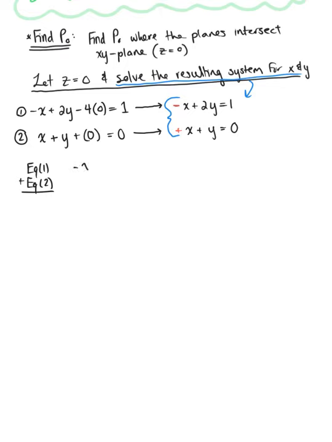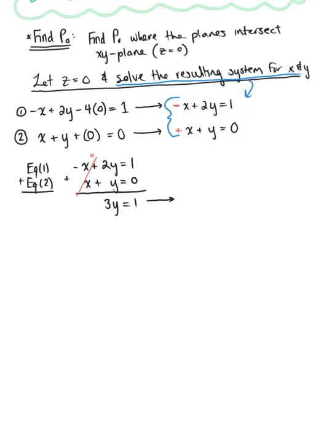So we're taking equation 1, which again is minus x plus 2y equals 1, and we're adding this to equation 2, x plus y equals 0. So notice the x's cancel each other right out, leaving us with 3y equals 1.